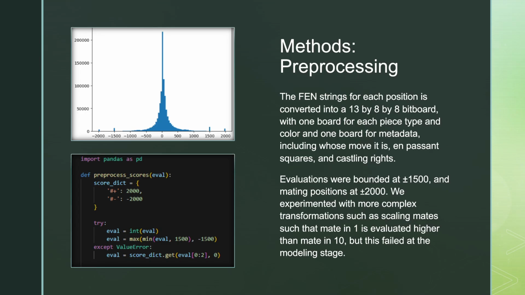For mating positions, we set those arbitrarily at plus minus 2000, which would be plus minus 20 in a non-centipawn evaluation metric. So the other thing we tried was scaling the data a little bit more, so it wasn't such harsh cutoffs. But as we'll talk about a little bit later, it didn't go so well.